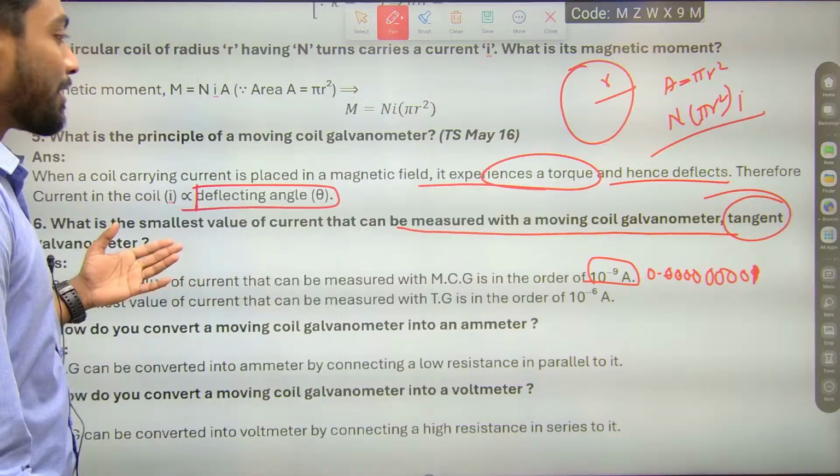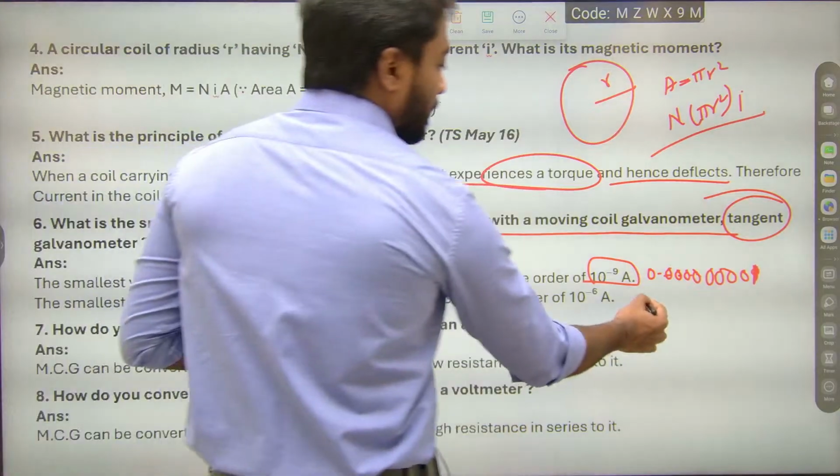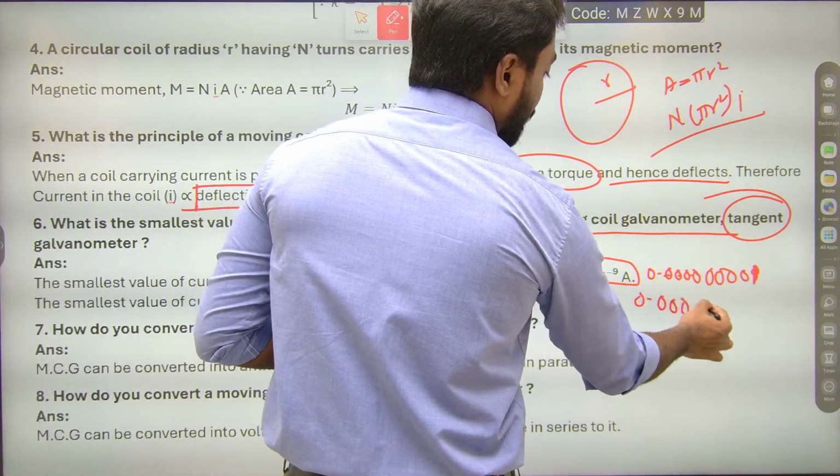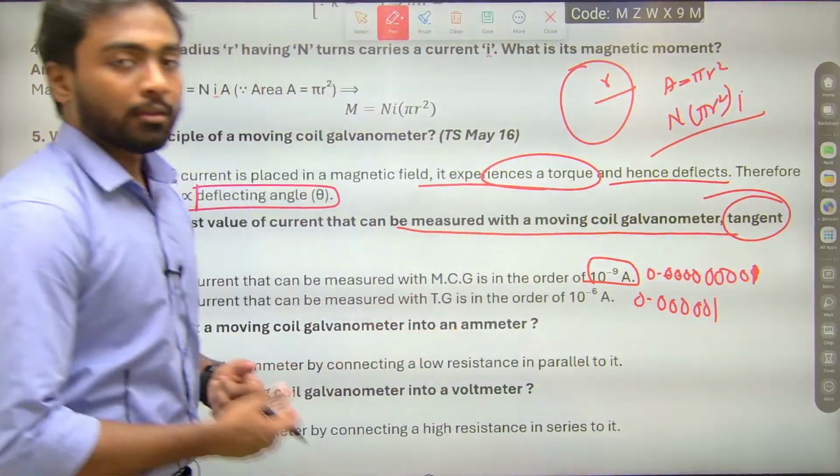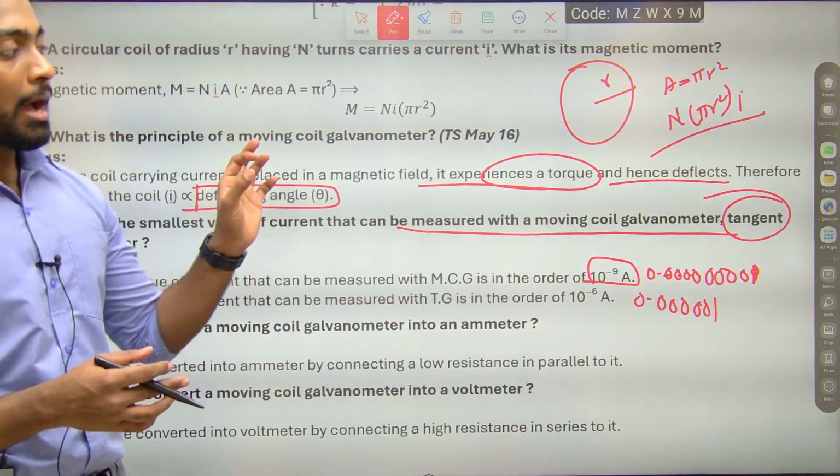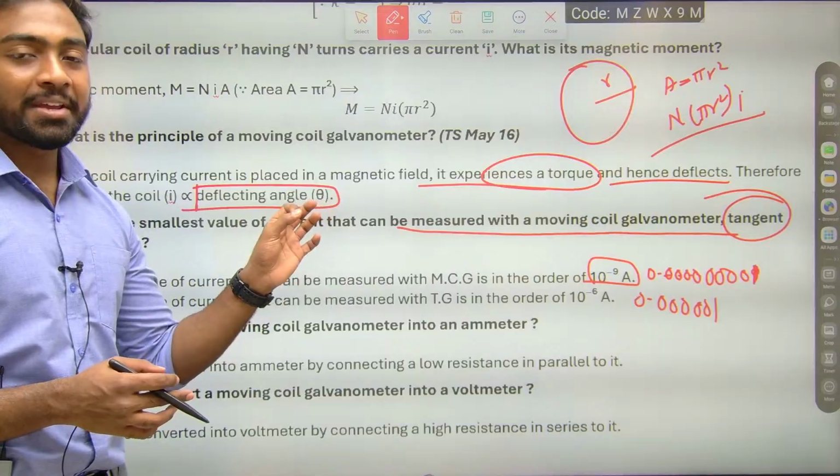And what about the tangent galvanometer? It is 0.001 ampere. That's the smallest value that can be measured.